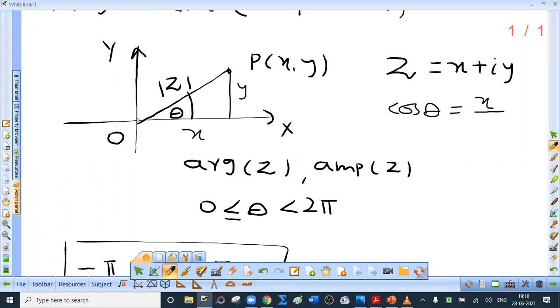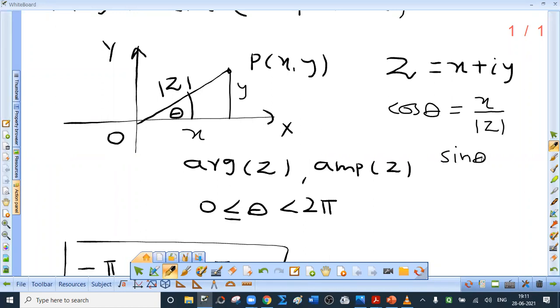Note that I was talking about that geometrical interpretation. What is OP? The distance of the point P(x, y) from the origin. We have done this in the section on the distance formula. It is root of x square plus y square. But we have just defined this as modulus, and that is why cos theta is x upon modulus z.